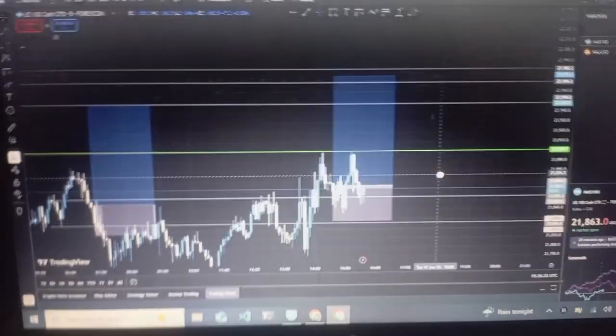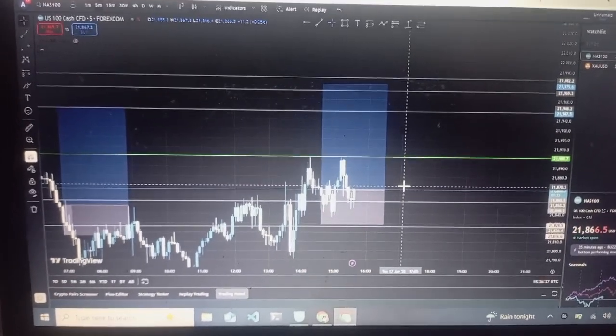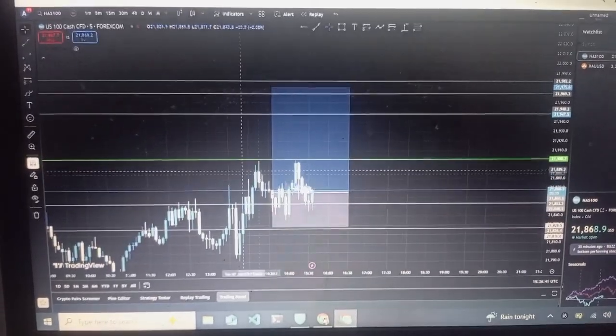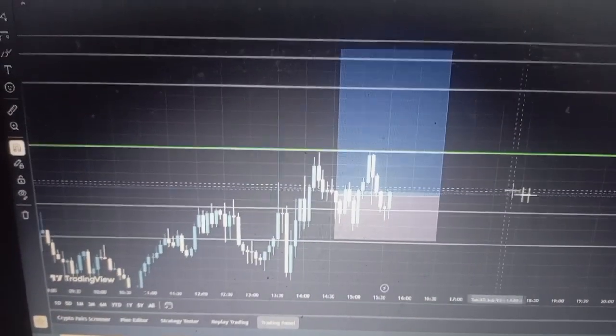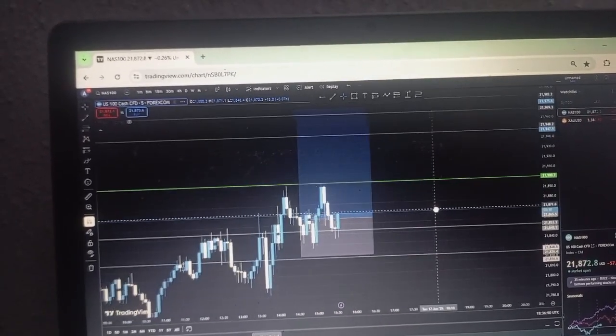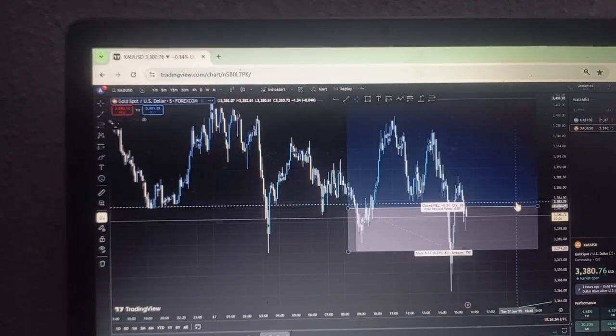But the amount I'm actually allowed to risk based on the account is, I think, 38. See, the trade is going back in profit now.